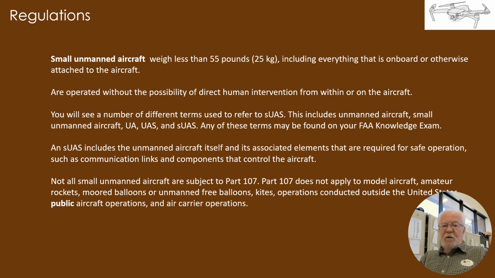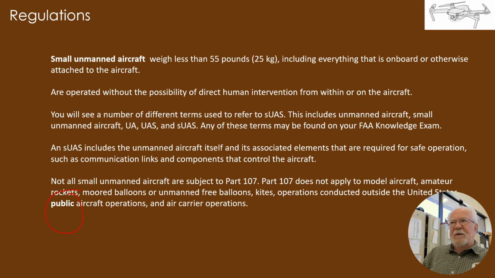Now, not all unmanned aircraft are subject to Part 107. It does not apply to model aircraft, amateur rockets, moored balloons, unmanned free balloons, kites, and operations outside the United States. That's obvious. Important: public aircraft operations. Public means government.